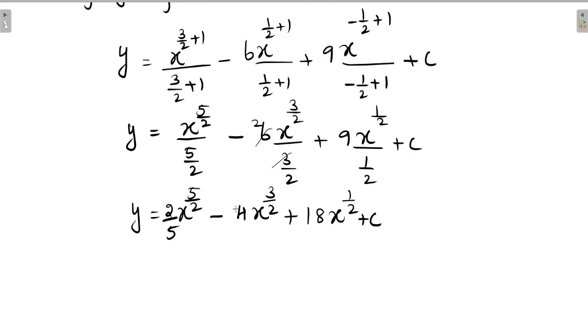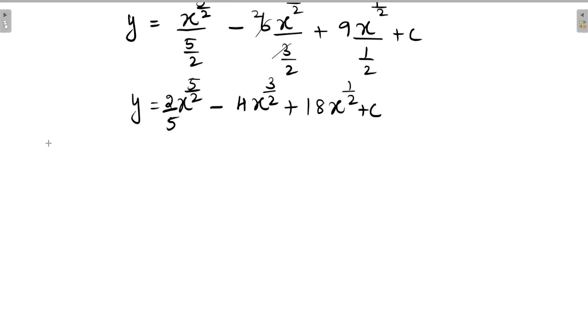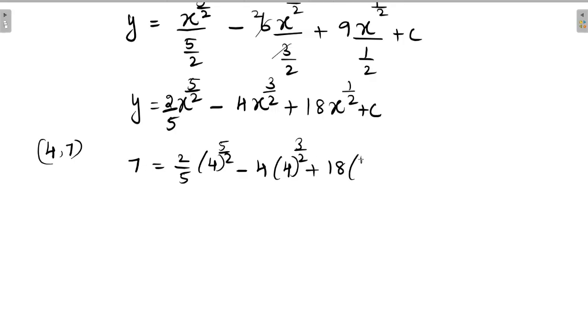Now the given curve passes through the point (4, 7). So when x is 4 and y is 7, let's replace these values to get the value of the constant c. 7 = (2/5) × 4^(5/2) − 4 × 4^(3/2) + 18 × 4^(1/2) + c.